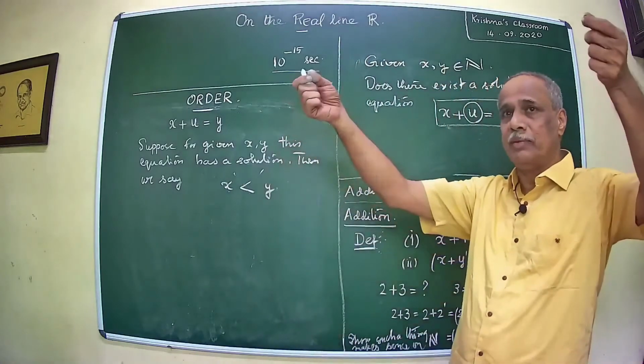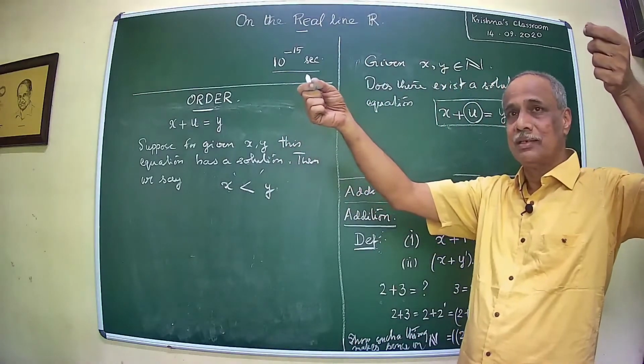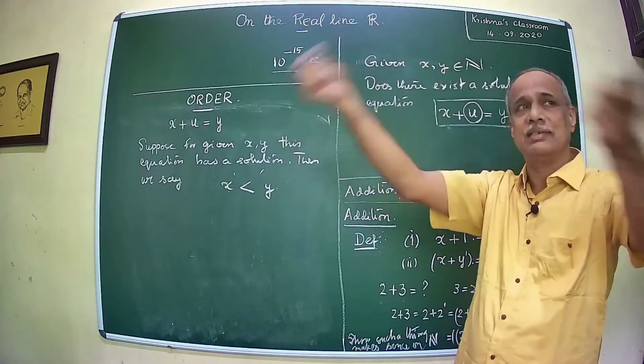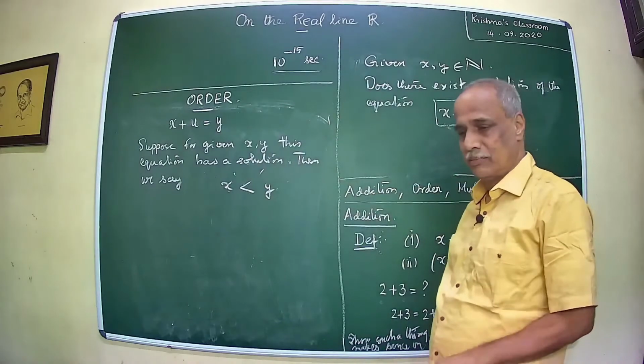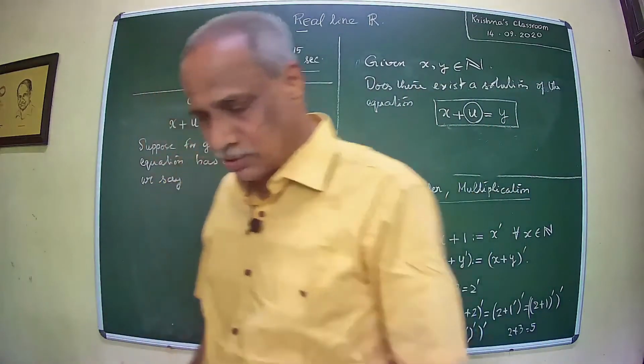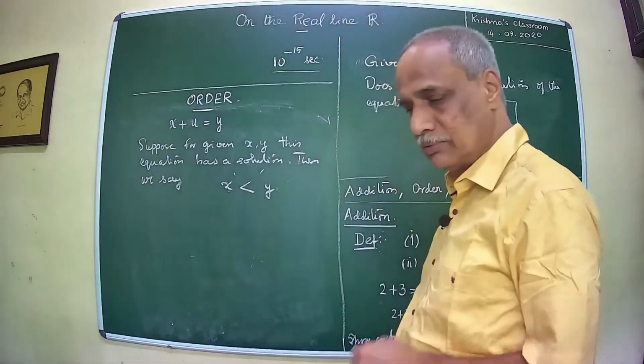So given two elements, either x is less than y or y is less than x, but not both. So there is a well defined order structure on the line. Okay?